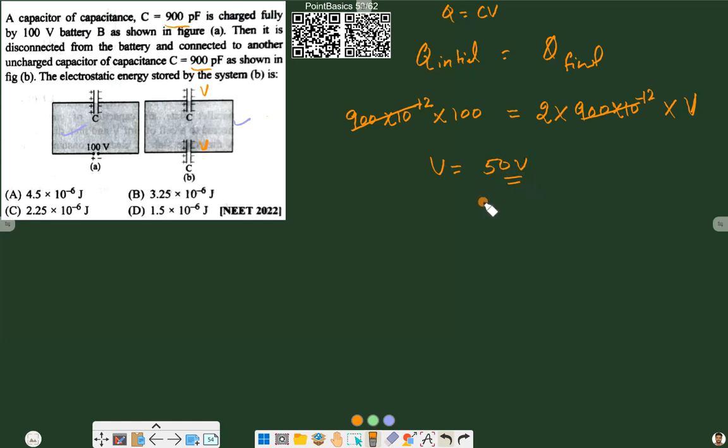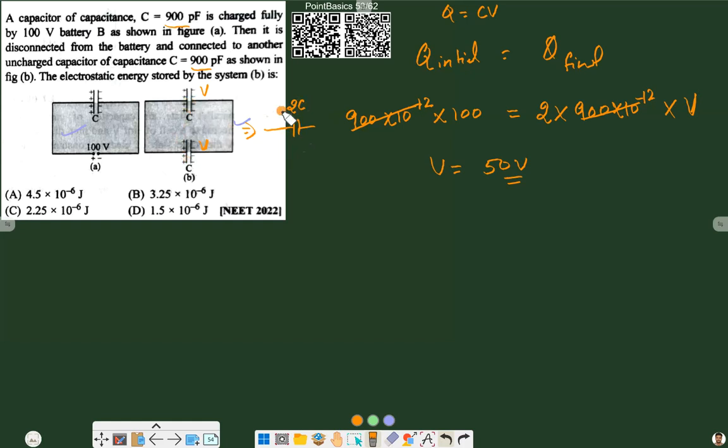Now we have to find out total energy of B configuration. So total energy, we can find it in two ways. We can find out their individual energy and then sum it up, or we can find out their combination, because both of these are in parallel. Both of these have capacitance C, so they can be represented by a single capacitor of capacitance 2C, because they are in parallel.